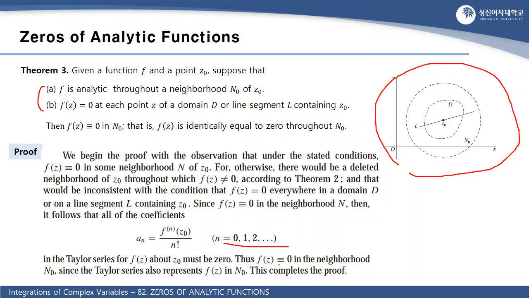Thus, f(z) is equal to 0 in the neighborhood N₀, since the Taylor series also represents f(z) in the neighborhood N₀. So this completes the proof.